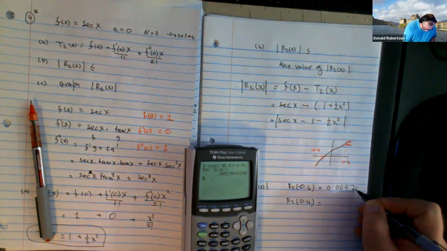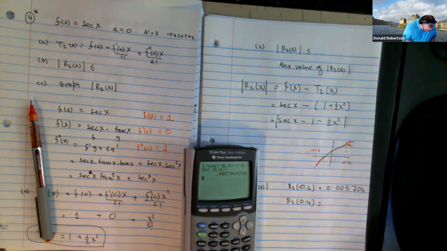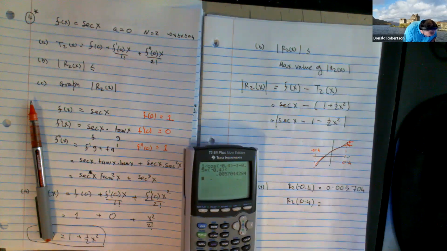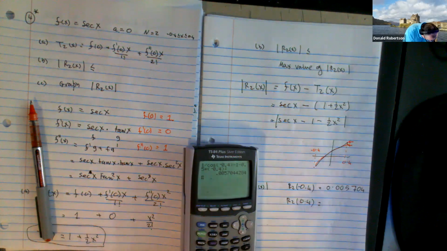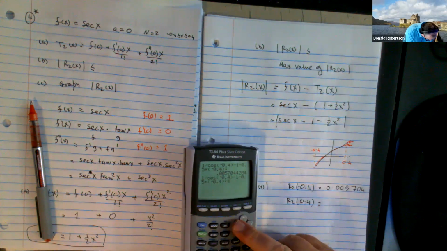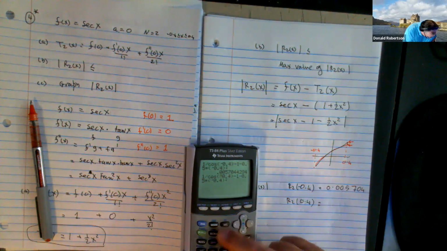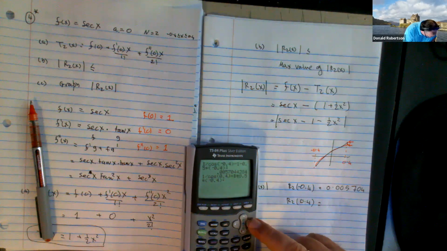Now, I'm also going to calculate it at this side, and I'll see what I get this time. So if I just do second answer, I can go back and I can delete that. And that's it now, 0.4, and I can delete that. I'm just being lazy because I don't want to type it all.